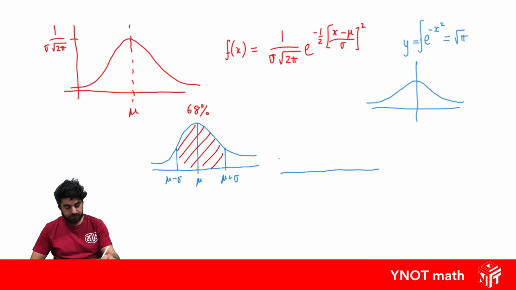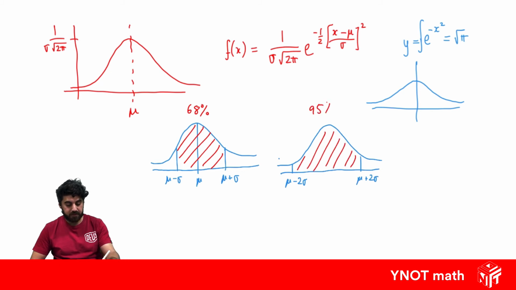If we're looking at values between the mean minus 2 times the standard deviation and the mean plus 2 times the standard deviation, this actually accounts for 95% of the data.